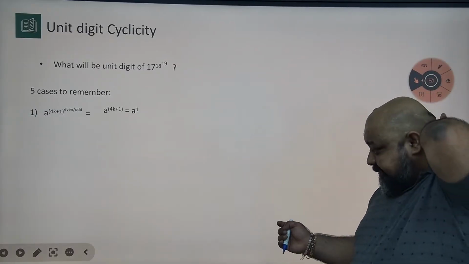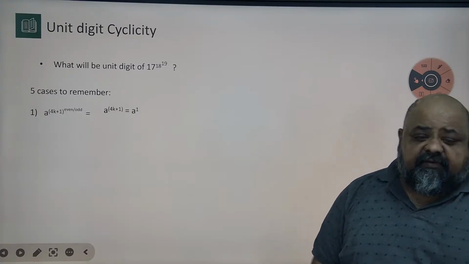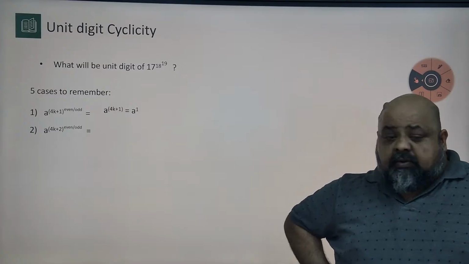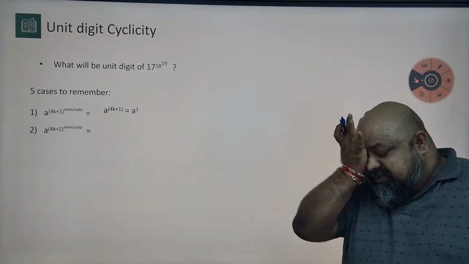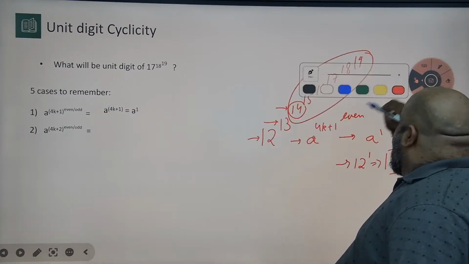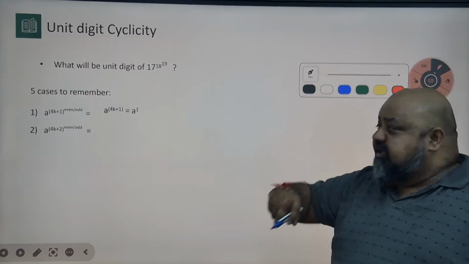The second case, A raised to power 4k plus 2 raised to power even or odd. Again, I think of a small number. A raised to power 4k plus 2. Suppose the question was 7 raised to power, I need a number which leaves a remainder of 2 when divided by 4. So 6.